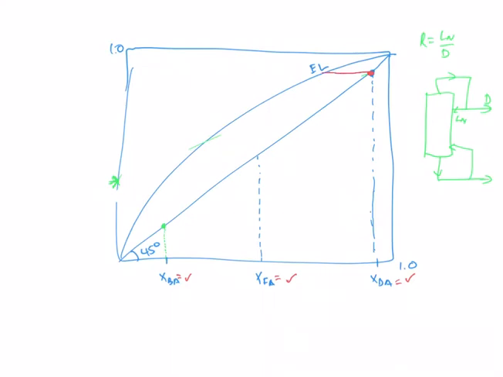Form a horizontal line, then a vertical line, and proceed with a horizontal line until you reach the equilibrium line, then a vertical line again. You keep on doing this until you reach above this particular green line. Alright, so that's it.